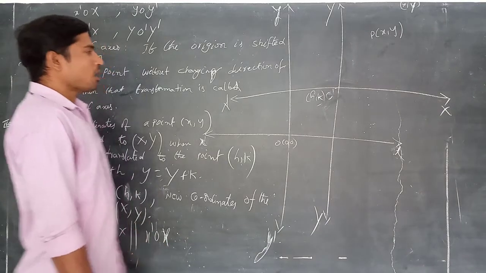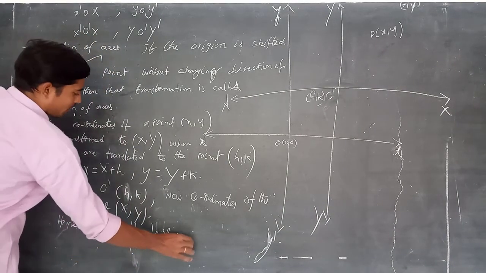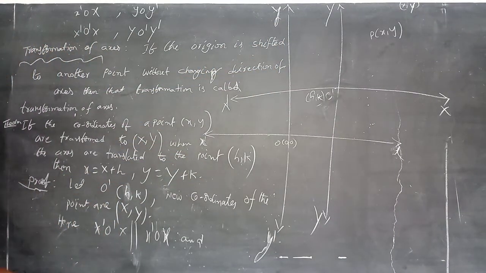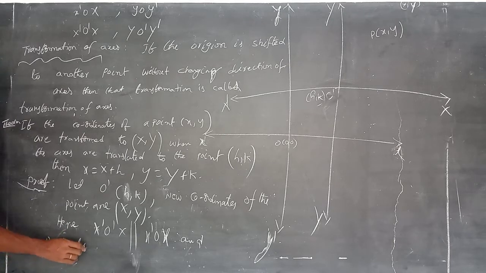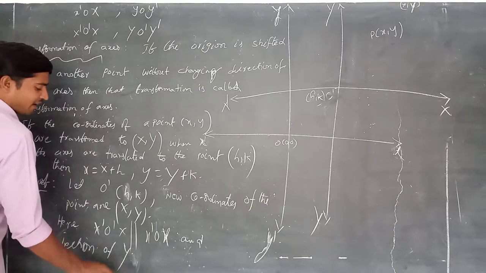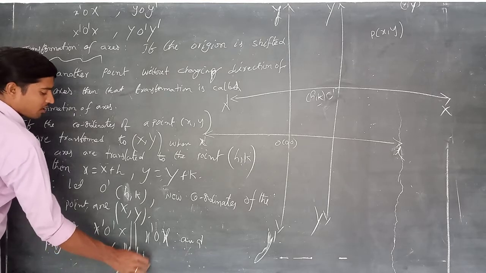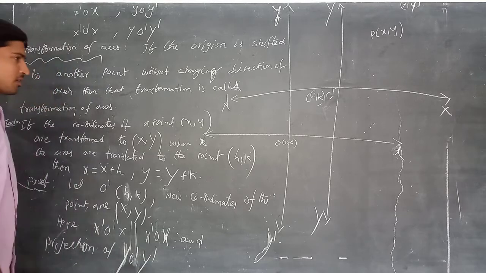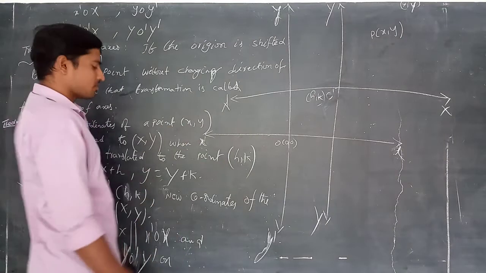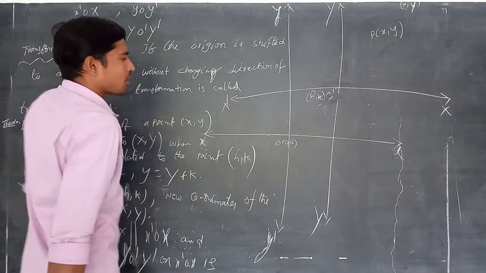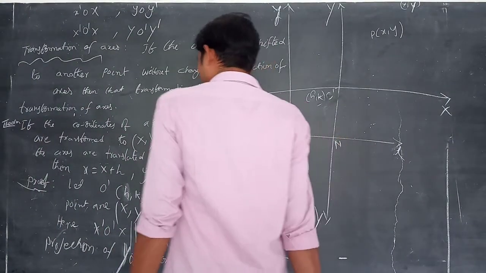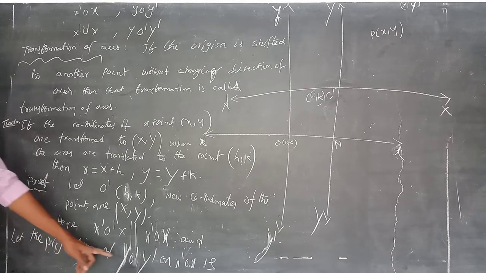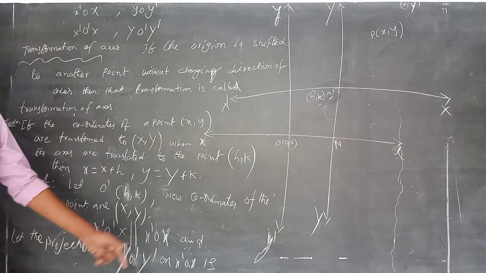Let the projection of y o dash y dash on x dash o x be n.